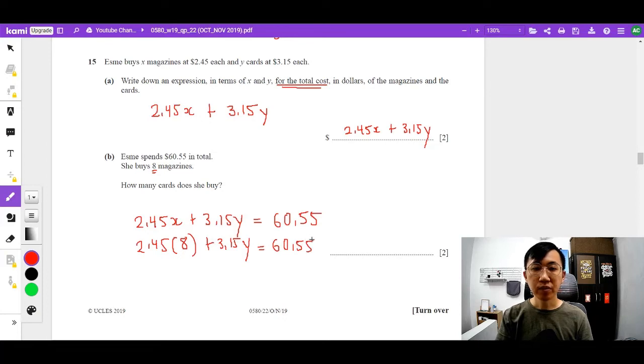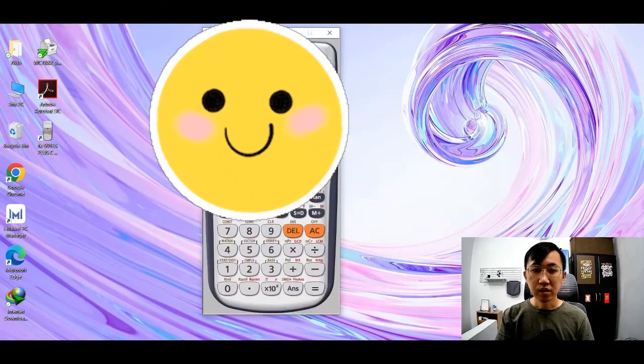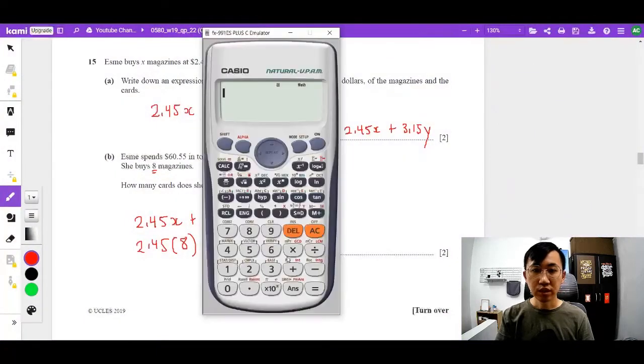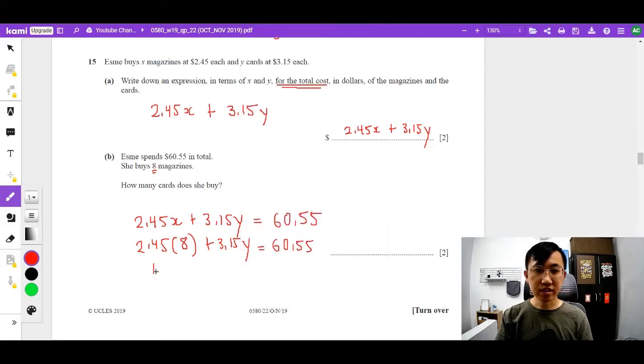Equal to 60.55. Okay, so I have to get a calculator for this. Let's find my calculator. We are going to multiply 2.45 times 8, which is 19.6. Continue to bring down your working. So 3.15y, copy back, equals 60.55.